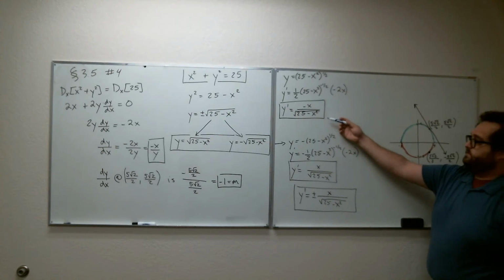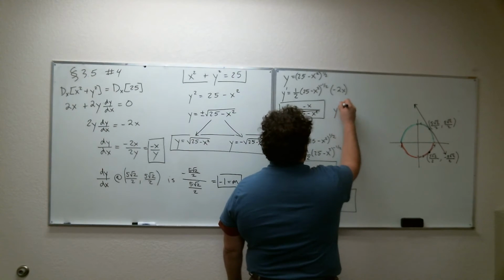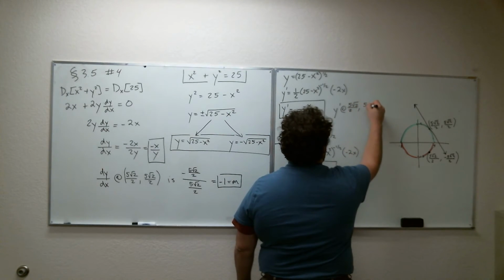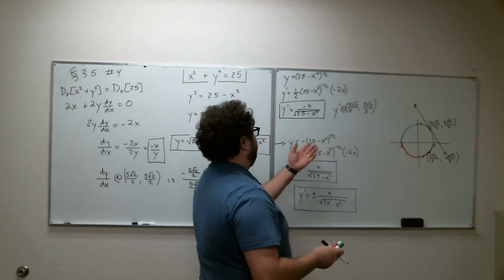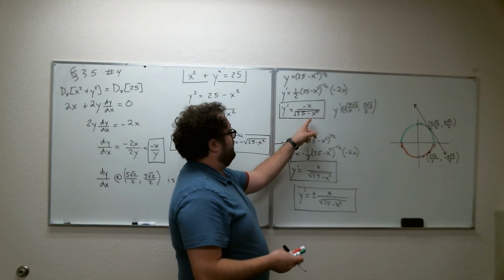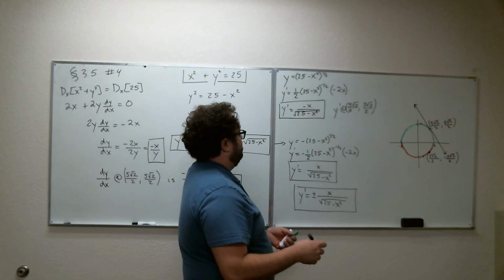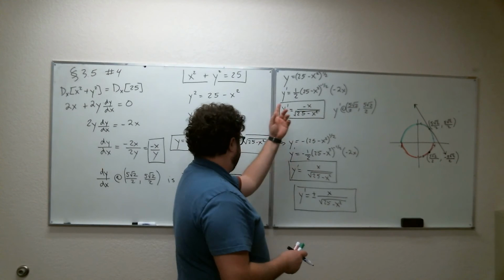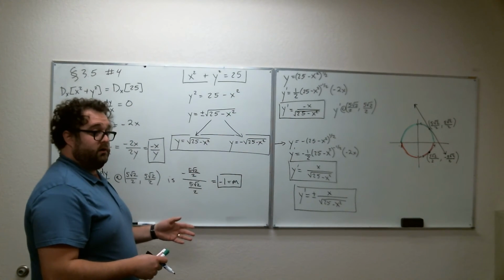So I would evaluate y prime at 5 square roots of 2 over 2, comma 5 square roots of 2 over 2. Right off the bat, there's a little more algebra involved. Not that it's necessarily difficult, but there's certainly more algebra. You'll get the exact same answer, negative 1, but it'll take a little more work.